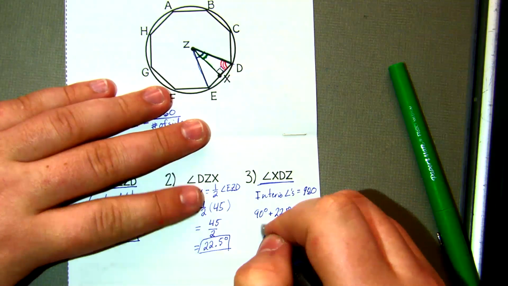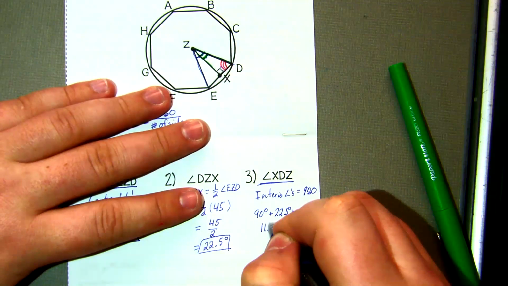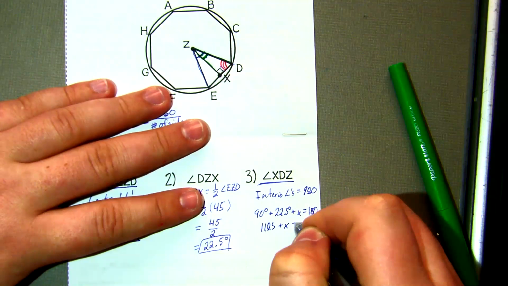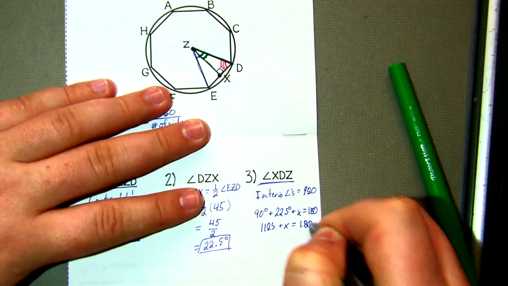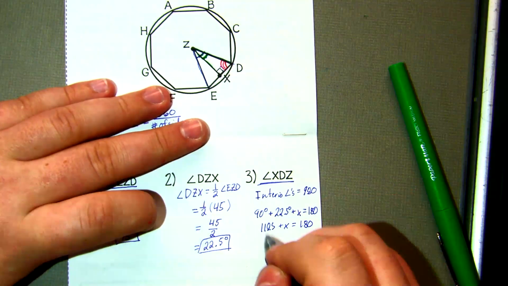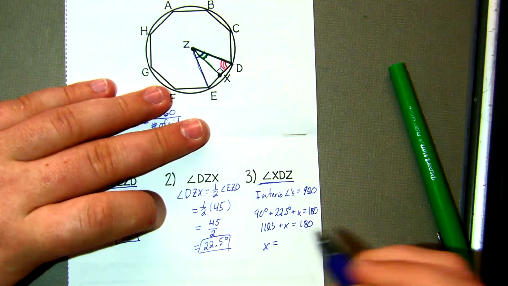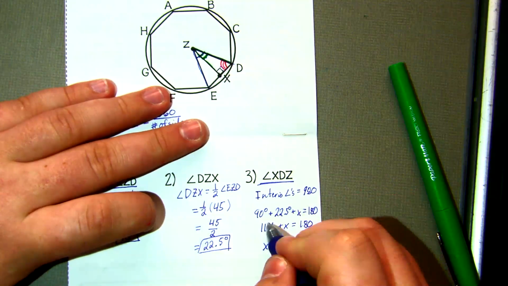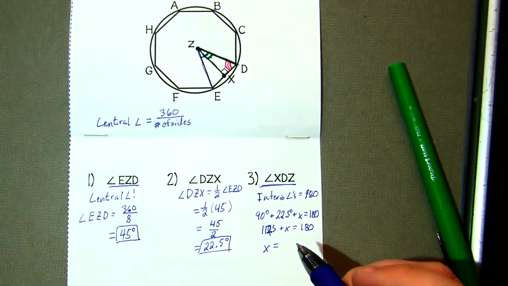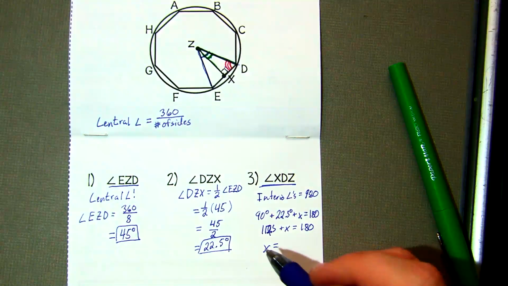This means that 112.5 plus x equals 180, which means that x is equal to... I apologize. This is why we do math in pencil.